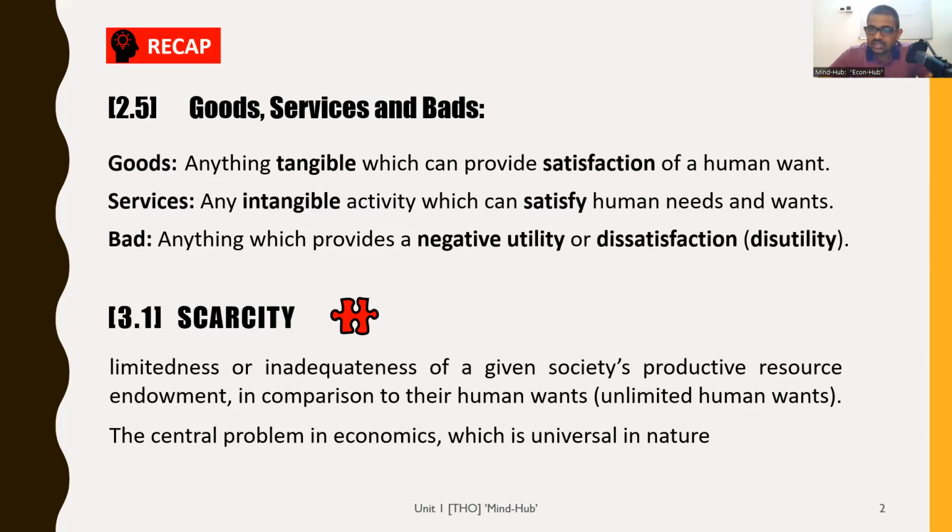We know scarcity is the central problem in economics, right? Scarcity is the reason for all the other economic problems, and scarcity is a universal problem. That is, it affects every single country, society, individual in the world.